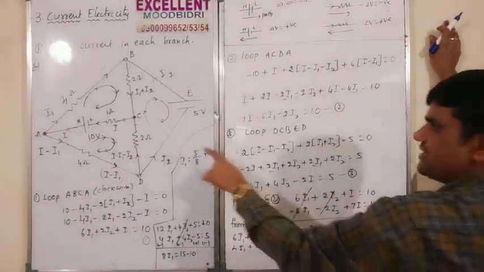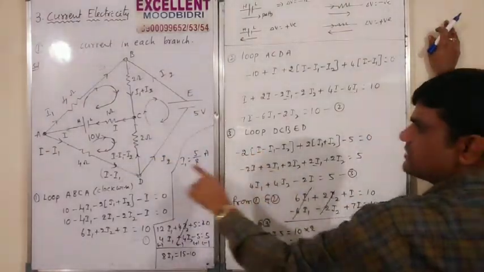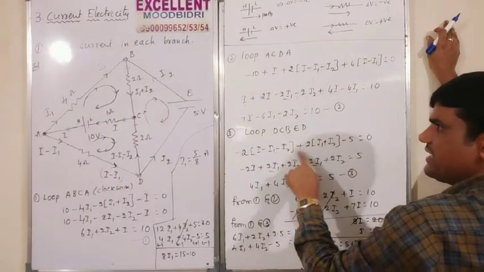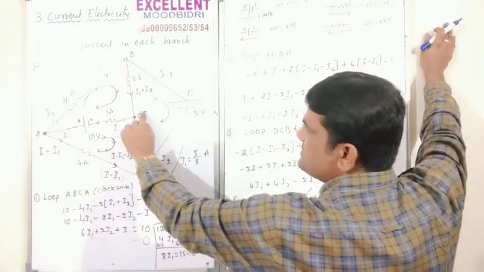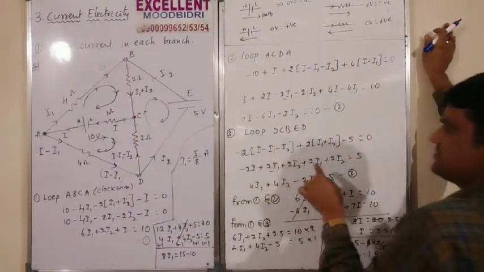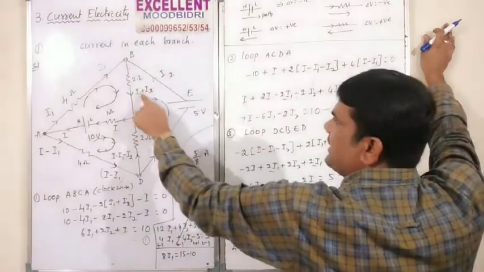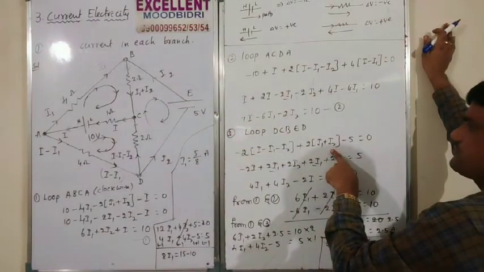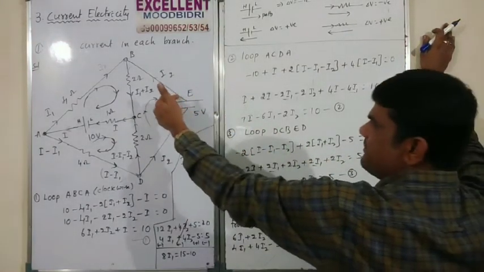So minus 2 into (I minus I1 minus I2). Next, this is my path direction and this is the current, both in opposite directions, so plus. Resistance is 2, current is I1 plus I2 in this path. Next here the battery will be there.